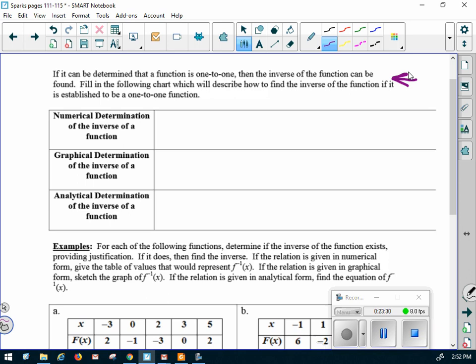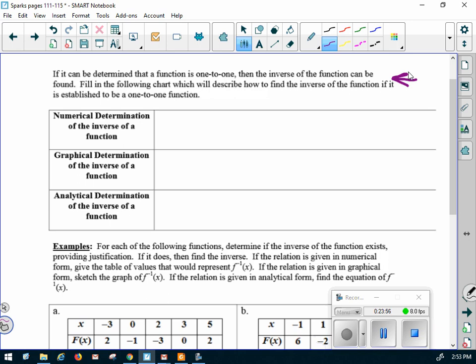Let's look at the numerical. It says to create a table in which the domain of f of x becomes the range of f inverse. So that means just switch the x's and y's. Go to the graphical. Again, make a table of points from the graph of f, switch the x and y values, and graph the new points for f inverse.